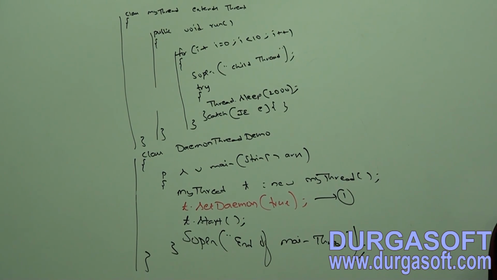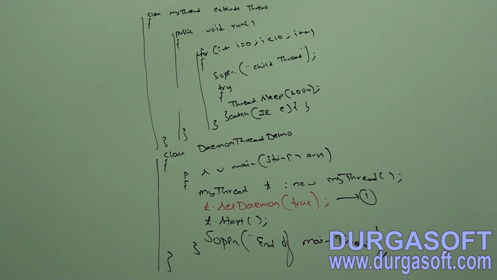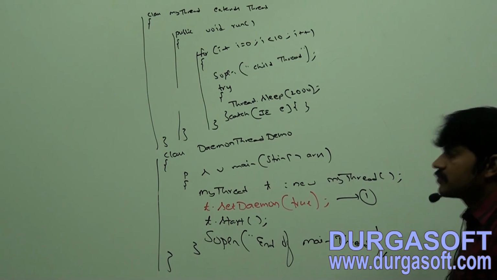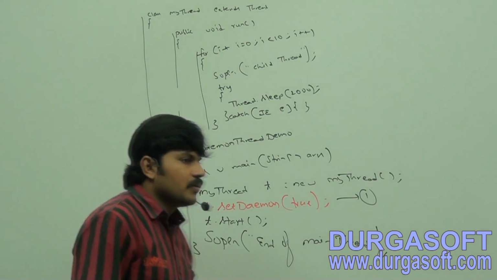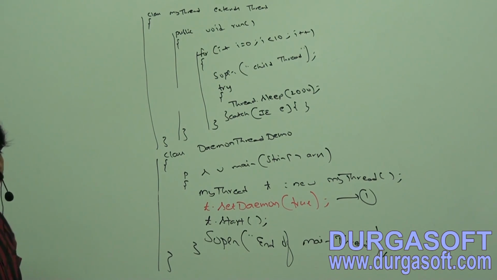Completed, right? Class MyThread extends Thread, public void run method: for int i = 0; i < 10.